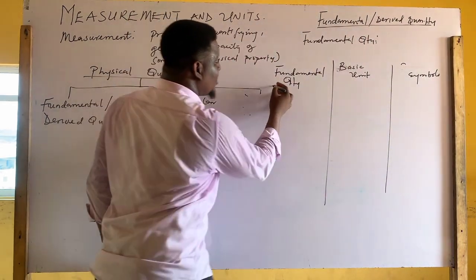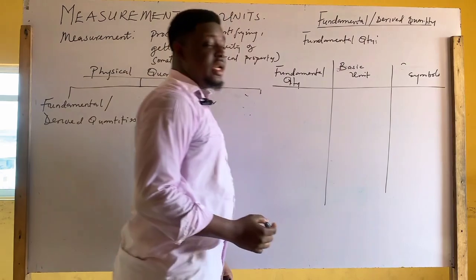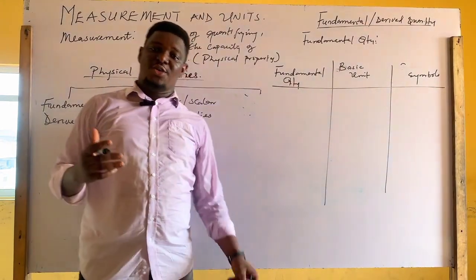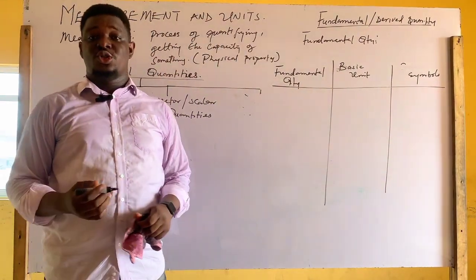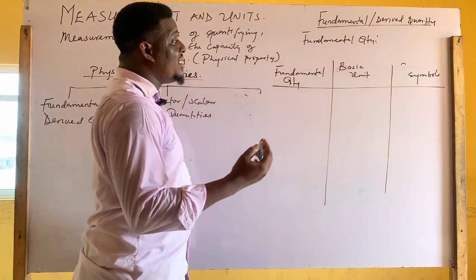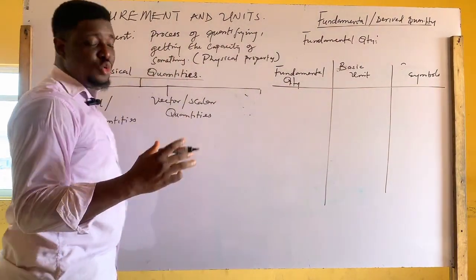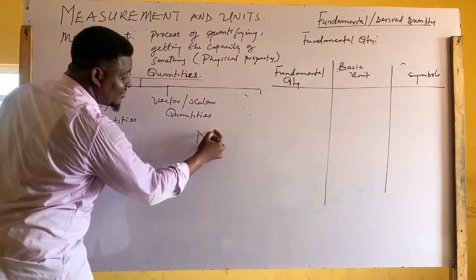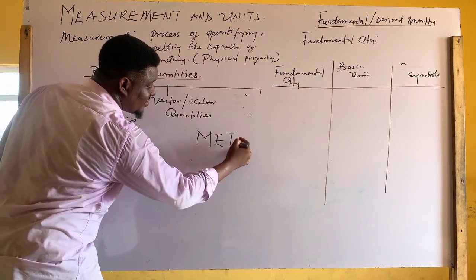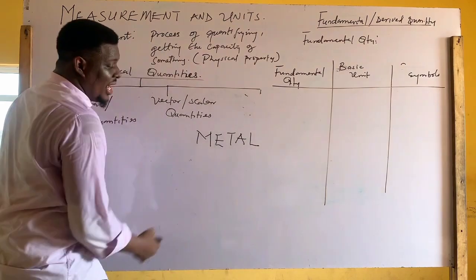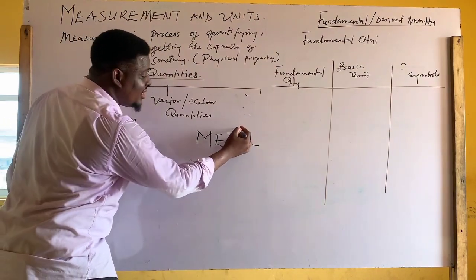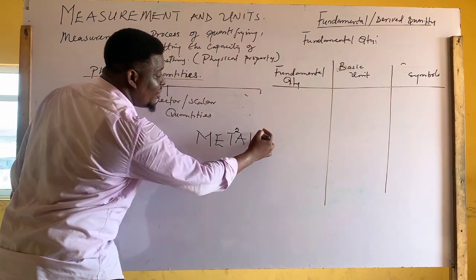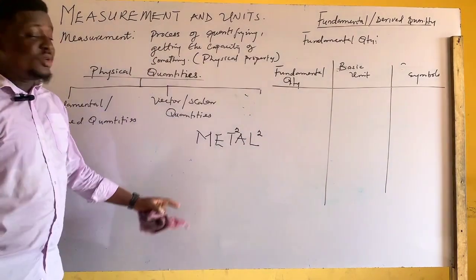Now, for those of you that are always looking forward to a shortcut, you can have this as something to remember when you are talking about fundamental quantity: METAL. At this particular point, it will be T square, and L square. So this is METAL.